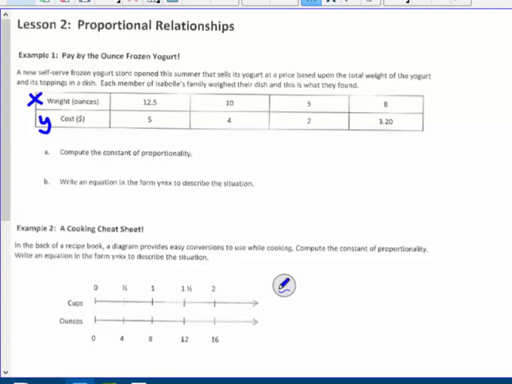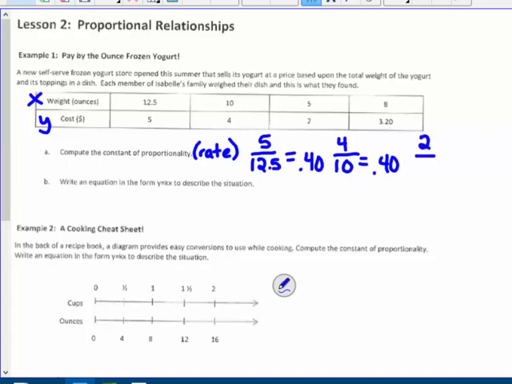To find the constant of proportionality, I want to know, do they all have the same rate, cost per ounce? So $5 divided by 12.50 equals 40 cents per ounce. $4 divided by 10 ounces is 4/10, 40 cents per ounce. $2 over 5, 2/5 is the same thing as 4/10, so that's 40 cents per ounce.